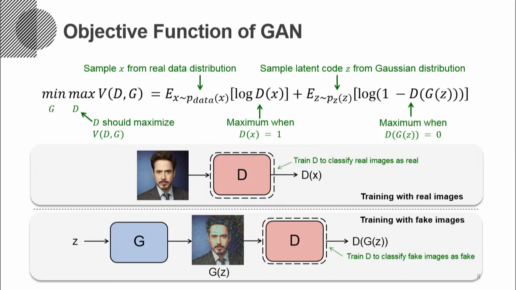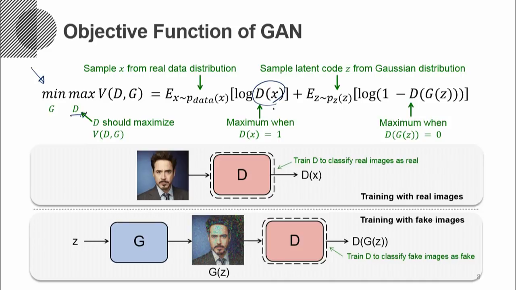This conflicting criteria from the generator and the discriminator can be represented as a single formula, the objective function of generative adversarial networks. Let's first look at the perspective of the discriminator. For the real images, it should maximize the classifier output of its own discriminator part.